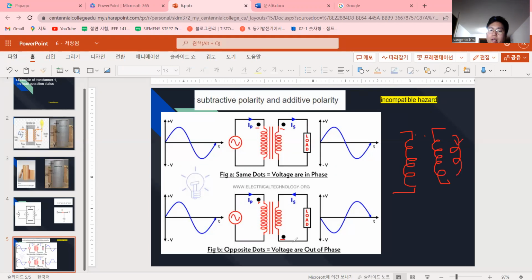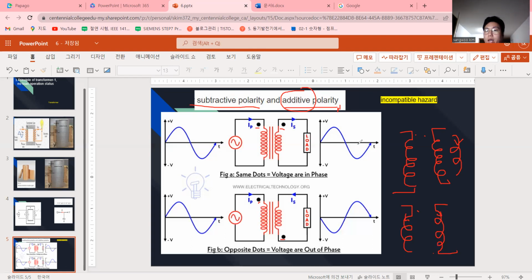But for example, in the additive, one part is like this and the other part is different. So if it's going like this, and the second part goes the same way. But if it's going clockwise, and the second part is counterclockwise, that is the difference. We call them subtractive polarity and additive polarity.